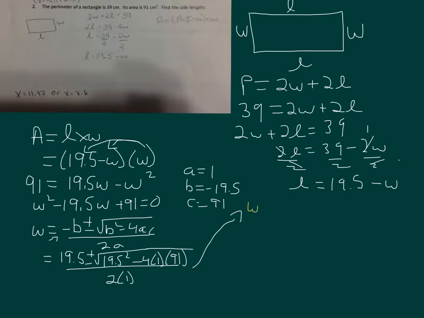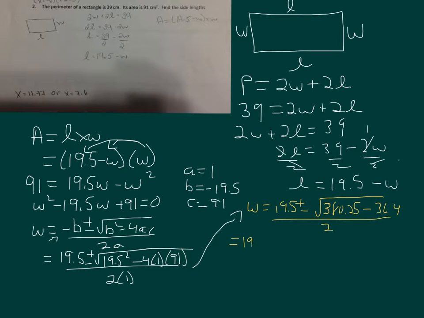I have w equals 19.5 plus or minus the square root of, now 19.5 squared is 380.25, and 4 times 1 times 91 is 364, all over 2a, and a is equal to 1, so it's just over 2.